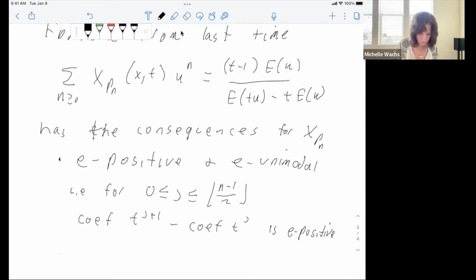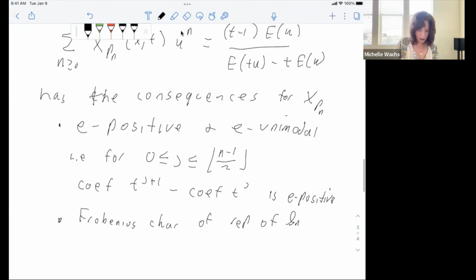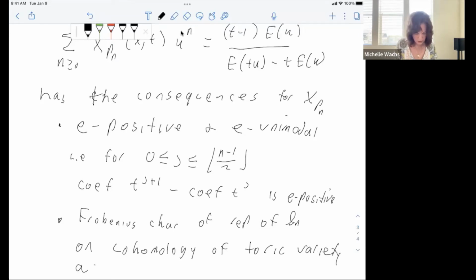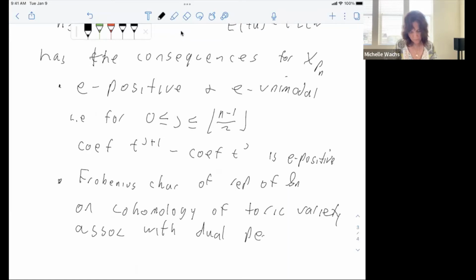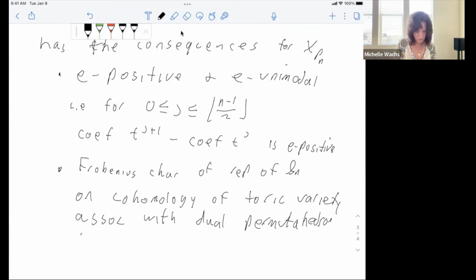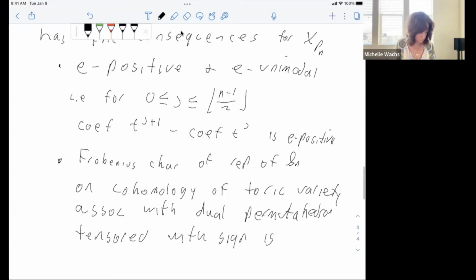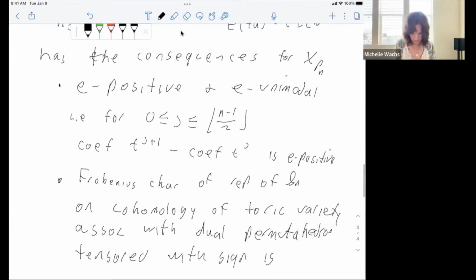The other consequence of this formula is that the Frobenius characteristic of the representation on the cohomology of the toric variety associated with the dual permutahedron, tensored with the sign, is X_{P_n}.